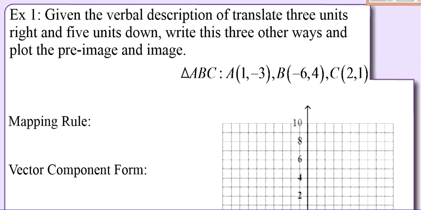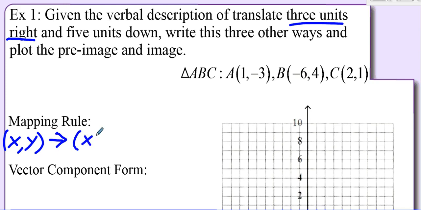So we're going to translate 3 units right, 5 units down. 3 units to the right. So to the right and left, that's going to go first with the x. And since it's to the right, it's going to be a positive. Our mapping rule goes first with the x, and then since it's going to the right, it's a positive.